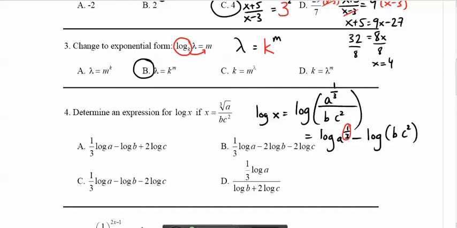The power on the a can become a coefficient. And here I can turn this multiplication into addition. Before I bring the 2 down, because the 2 is only an exponent for the c.